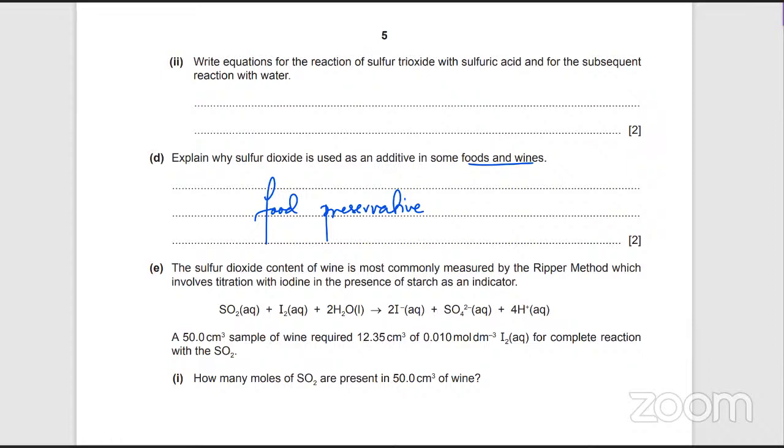Achha, so it's food preservative, और वो जो reducing agent है ना, उसका part है. You have to explain it. So it's a good reducing agent. अब ये फिर भी.